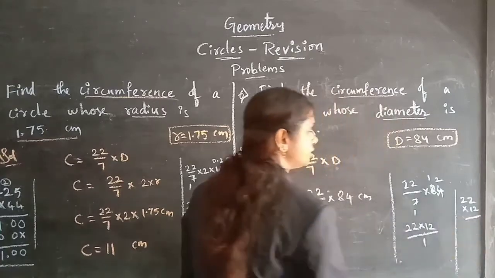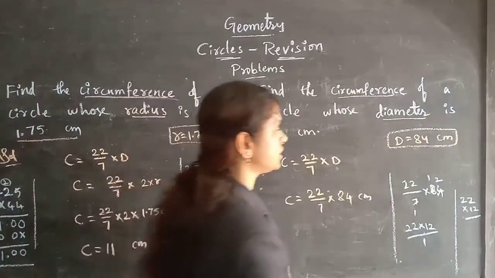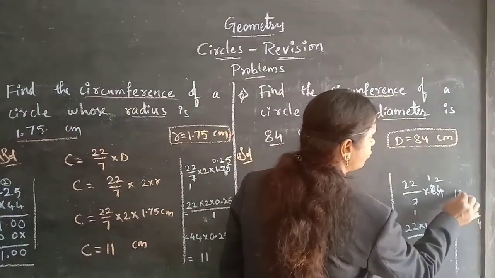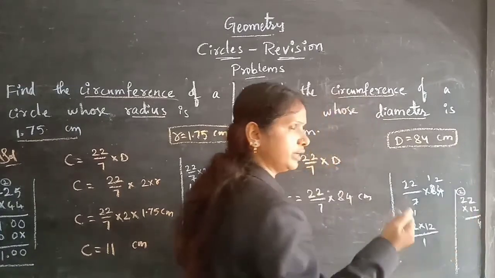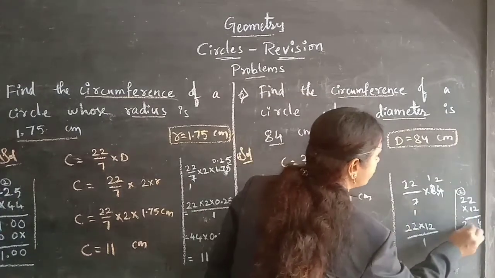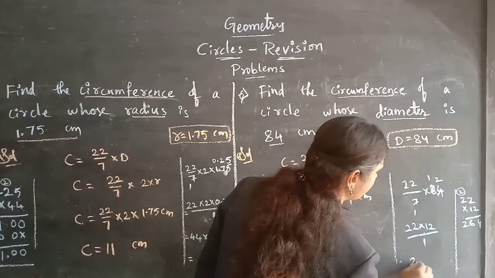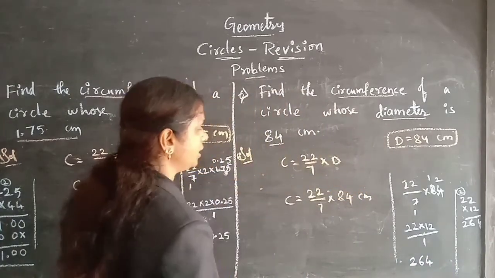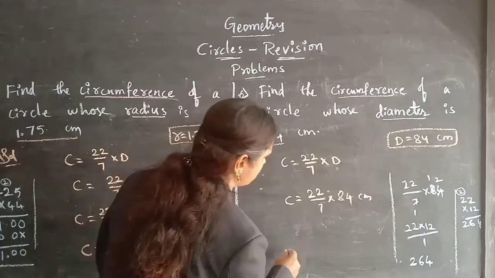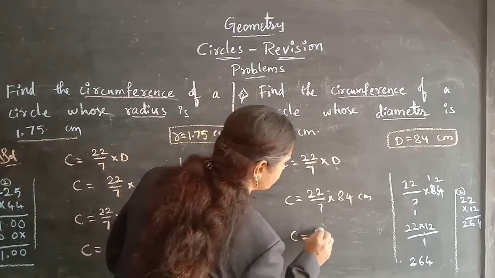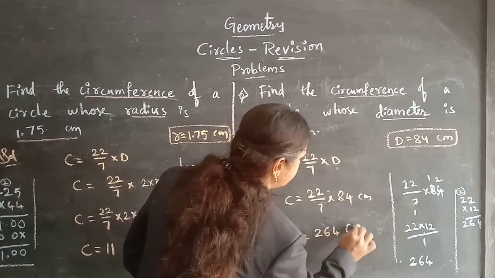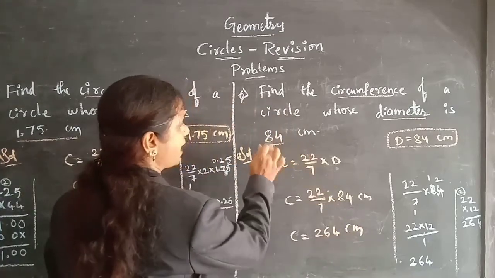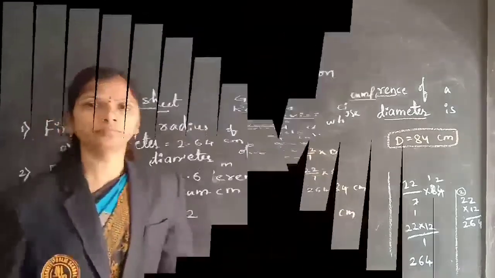Directly I am multiplying by the 12 table, children. 12 twos are 24, 2 carry, 12 twos are 24, 25, 26 here. So 264, children. So circumference is equal to 264 centimeters when the diameter is 84 centimeters.